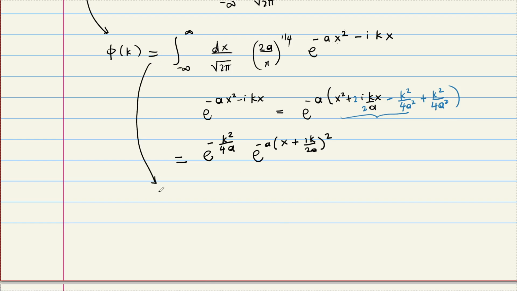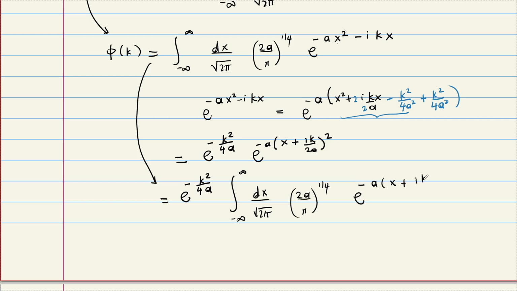So this integral is equal to, there is nothing about x in this factor, so it is going to come out. So this is dx over 2 pi from minus infinity to plus infinity. So this factor is exactly the same, and this is e to the minus a times x plus ik over 2a squared. Now I can change the variable.